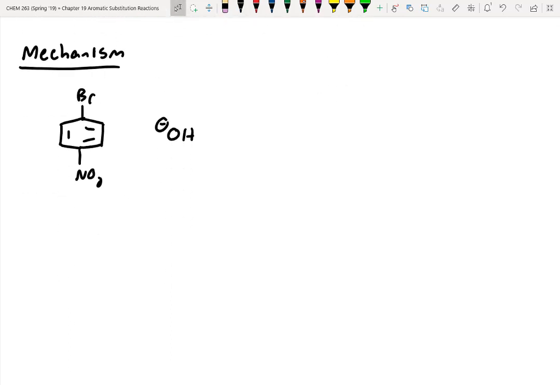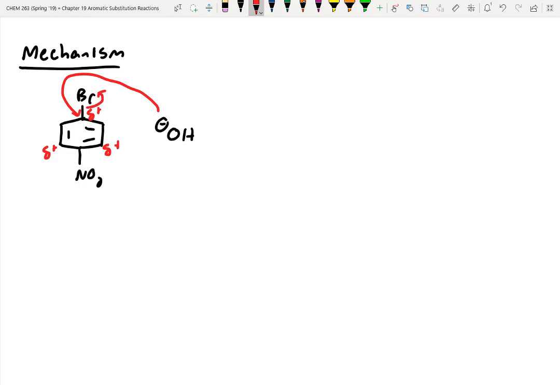Second reason, why do you think it's ending up there? Bromine's a good leaving group, and the nitro group is electron withdrawing. If you remember the other day, we said if you have electron withdrawing groups, that means that these positions are delta positive. So in this case, hydroxide's going to attack right here.